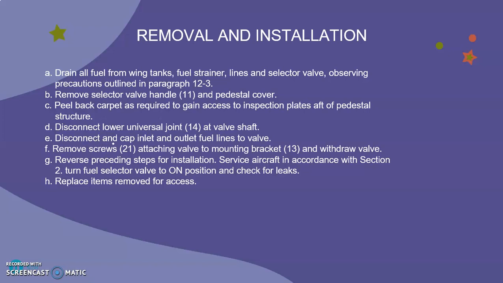Disconnect and cap the inlet and outlet fuel lines to the valve, remove the screws attaching the valve to the mounting bracket and withdraw the valve, and reverse the preceding steps for installation.